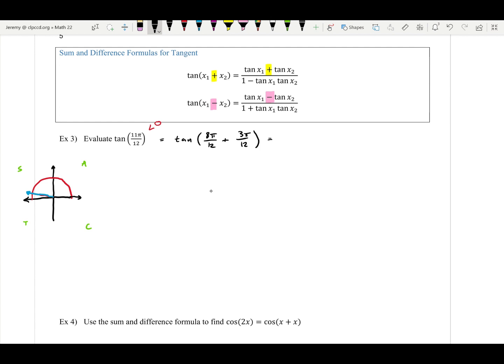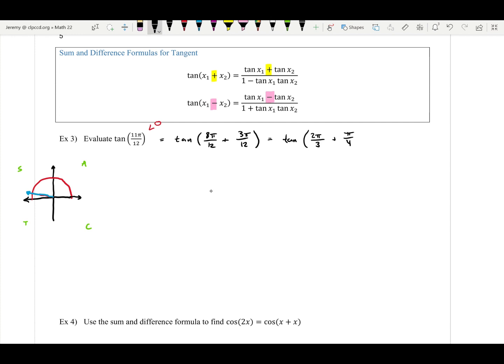Now I'll have tangent of, sorry, we have a common factor of 4, so we'll have 2 pi over 3, which is a good value, plus 3 pi over 12, which we saw simplifies to pi over 4. Those are some friendly radian values.